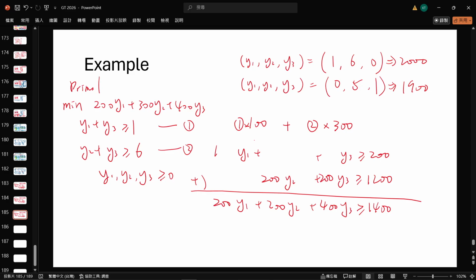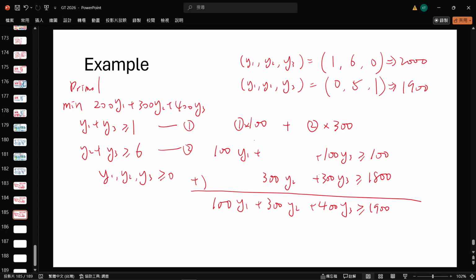So the weighted combination this time becomes 100 y1, 300 y2, 400 y3, and this is at least 1900.